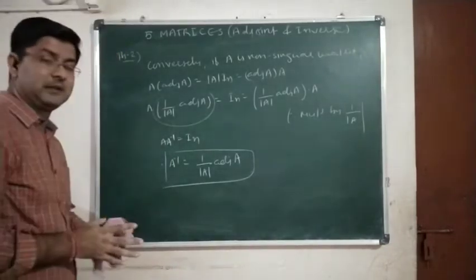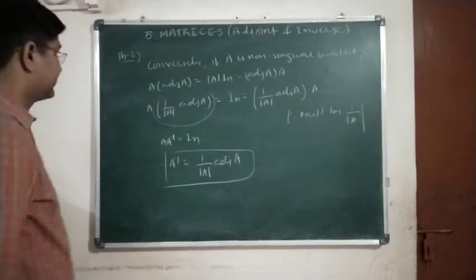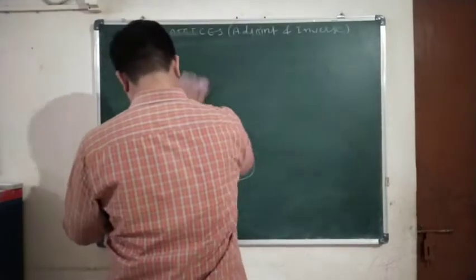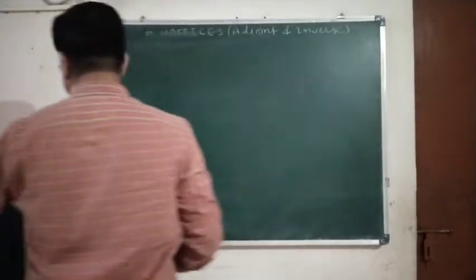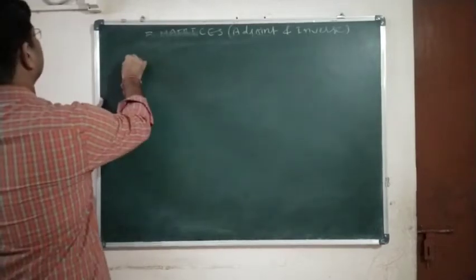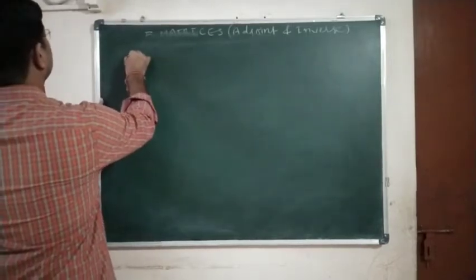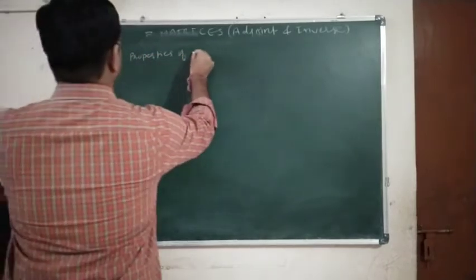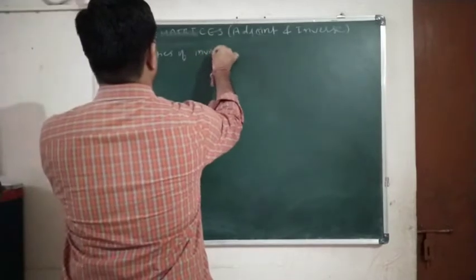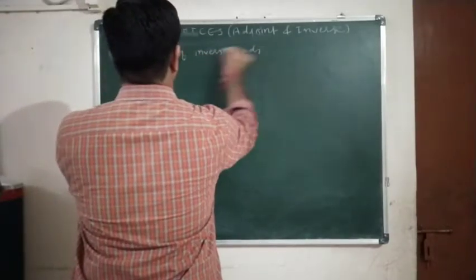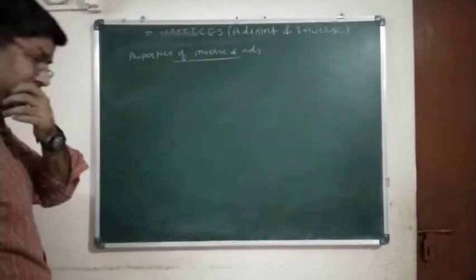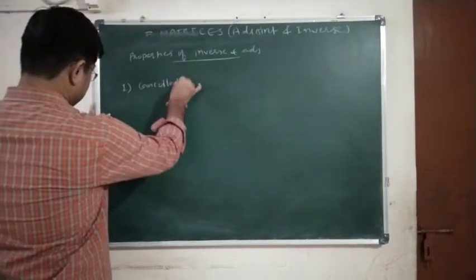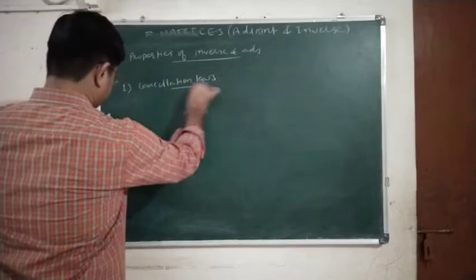Now let us see certain properties or more theorems. Properties of inverse and adjoint, or we can even say the theorems we are going to see. Number 1, cancellation laws.